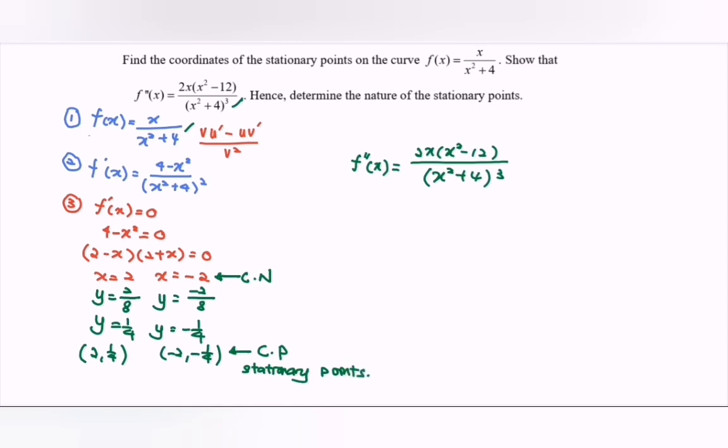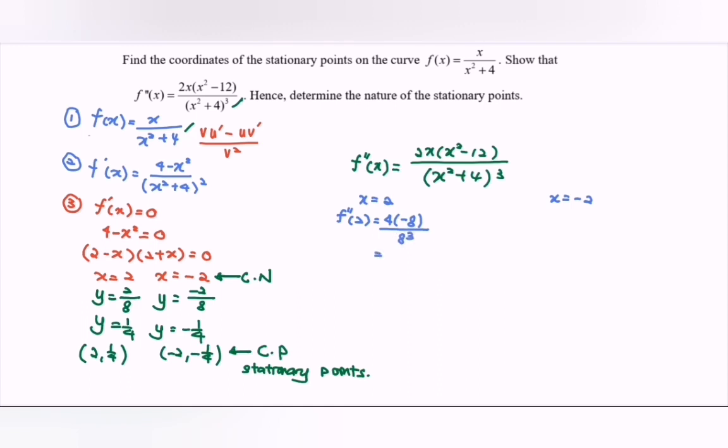Next is the test. If x is equal to 2, if x is equal to negative 2, kindly substitute into f double prime. For 2, here we have 4 multiply with negative, so we have 4 minus 12, negative 8, over 4 plus 4, 8, so here we have 8 to the power of 3.